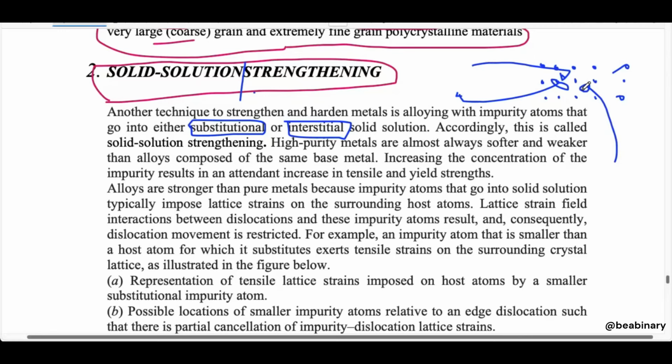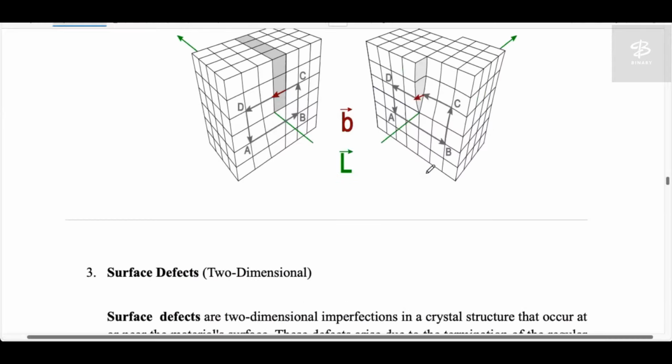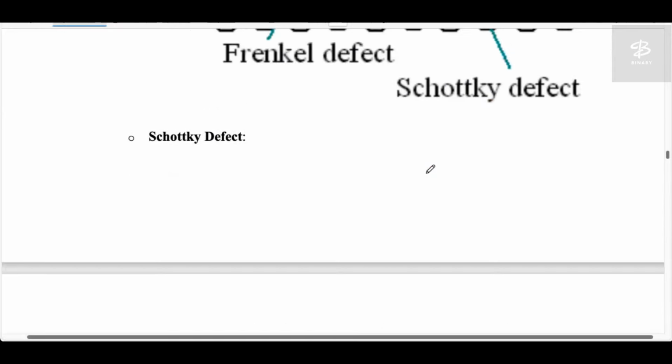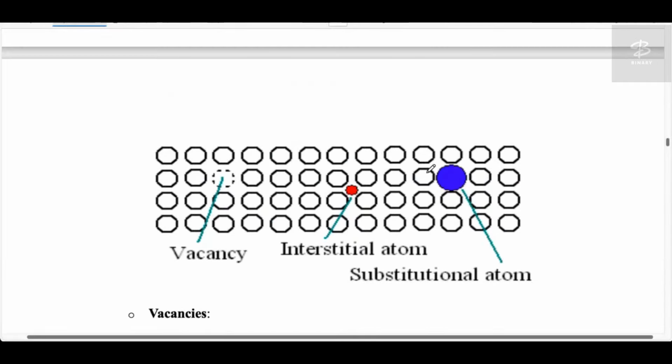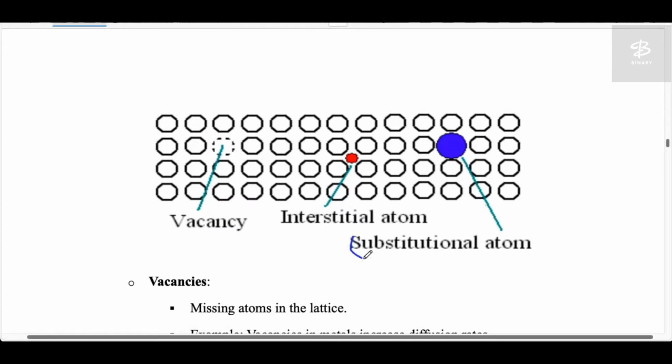I have already covered this in point defects. What are the point defects? As you can see here, this is substitutional. You have replaced the atom; some foreign atom is placed here and you have removed the original.